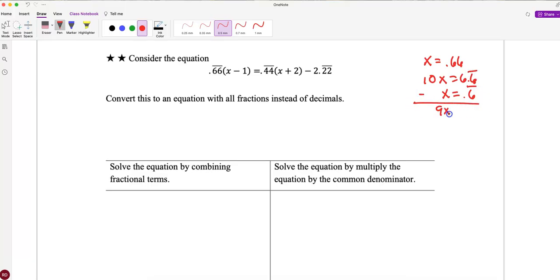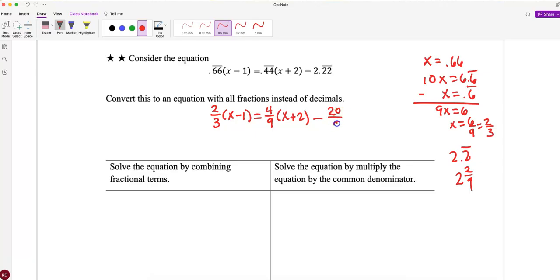Subtract and you get 9x equals 6. x equals 6/9 or 2/3. So this is 2/3 x minus 1 equals, okay, 0.4 is going to be 4/9 x plus 2 minus 2.2 repeat. It's going to be 2 2/9, which is what, 20 over 9.